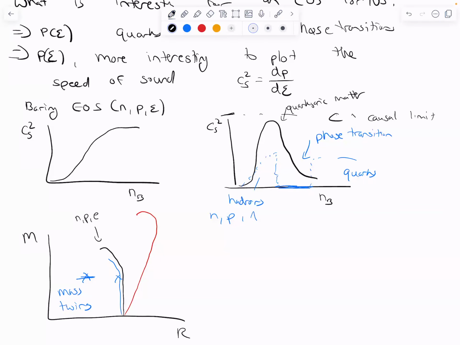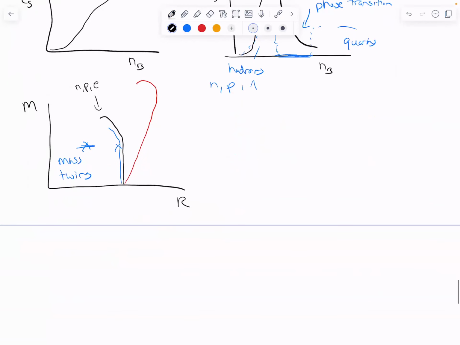So to quickly wrap up, I do want to mention why we actually call these things neutron stars, because I haven't really gotten too much into the internal physics of this. So why neutrons? Well, you may have heard about beta decays. That is essentially where you have a neutron and it decays into an electron, a proton, and an anti-electron neutrino.